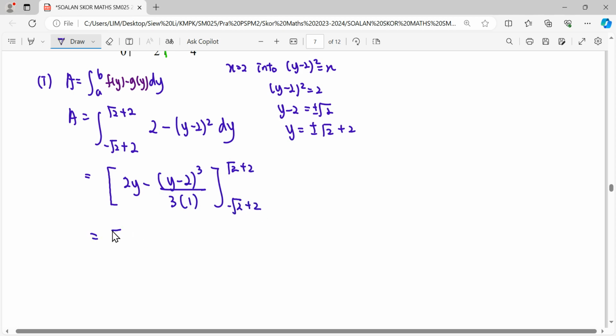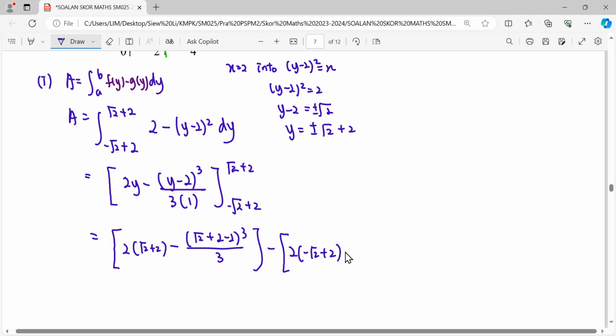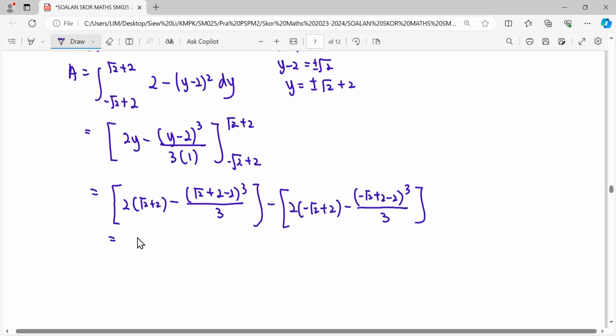Then we substitute the upper limit minus the lower limit. Then we simplify this, and it gives us 8√2/3 by using a calculator.